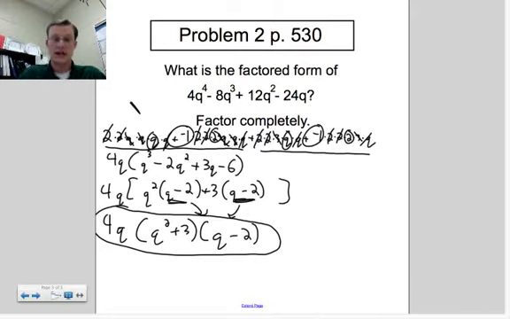Now, these two are both binomials, they're 2 terms. And what I want to look for is, do we have either a GCF or do we have a difference of 2 perfect squares in either one of those? Here, I don't have a GCF. Do I see the difference? Yes. But 2 is not a perfect square, so we don't have the difference of 2 squares.